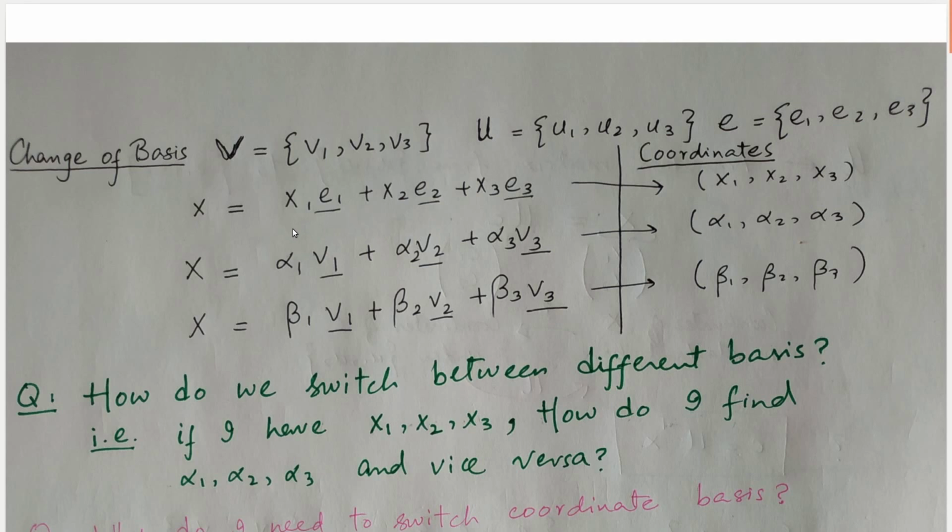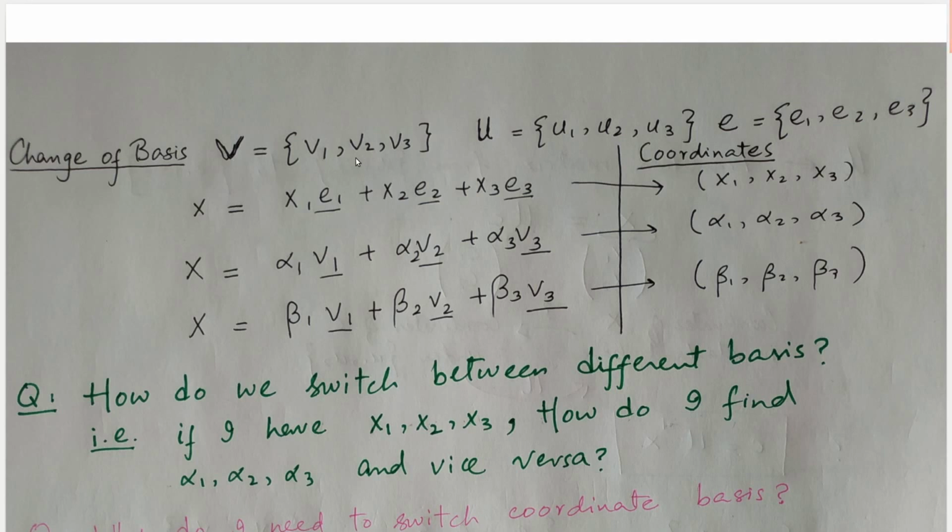I just need some scalars, x1, x2, and x3, and x equals this linear combination, where x1, x2, and x3 are called the coordinates of x with respect to the basis E1, E2, E3. This is simple. If you recall your R2 or R3, these are just the basic Euclidean coordinates that you deal with.